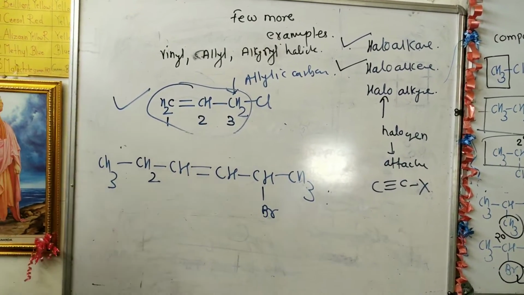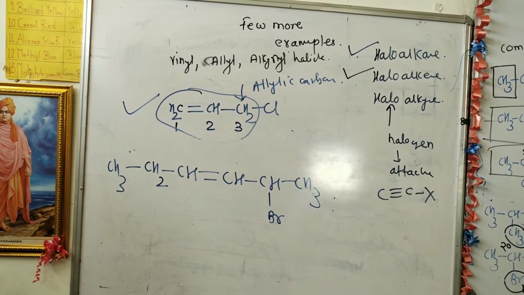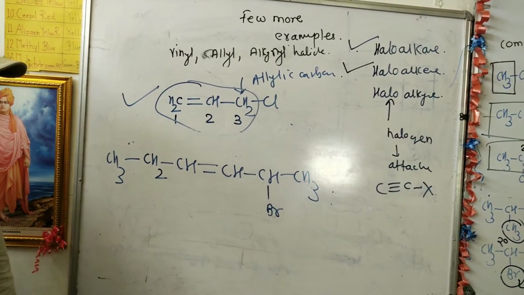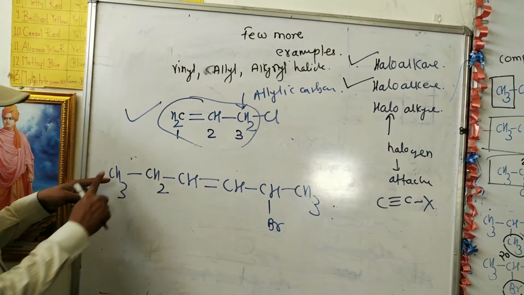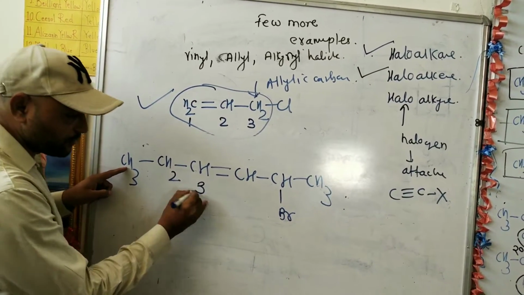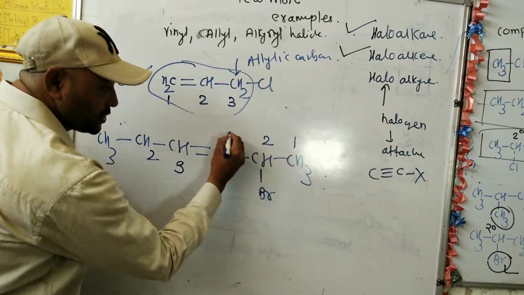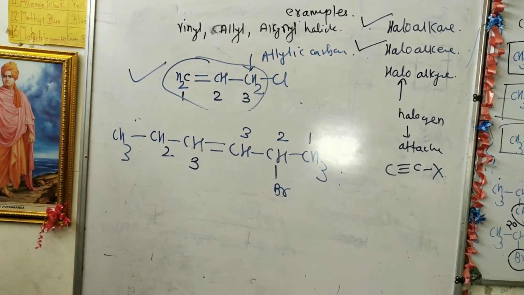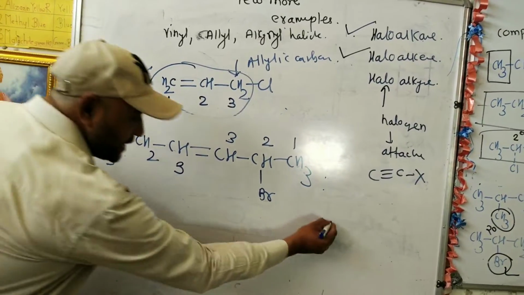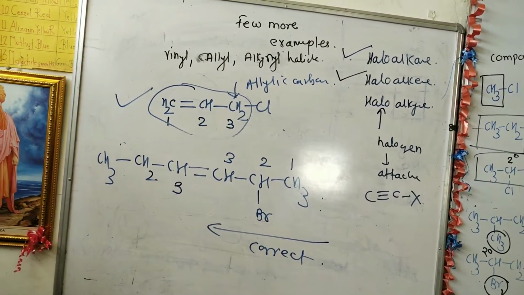So what is our rule? Select the longest chain from where the double bond is near in case of allylic halide. We can select from this side 1, 2, 3, and the double bond comes to the 3 position, and from this side is also 1, 2, 3. So which is the most probable selection? From this side. This is correct. Why?